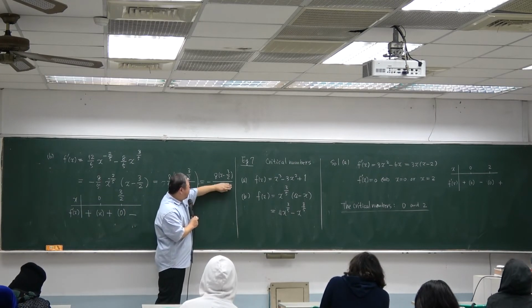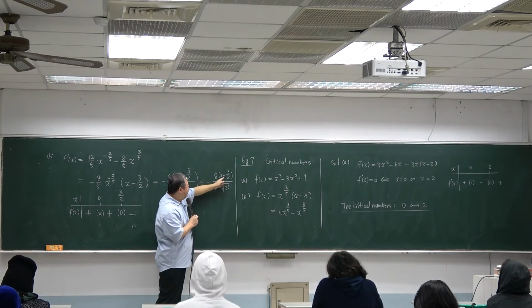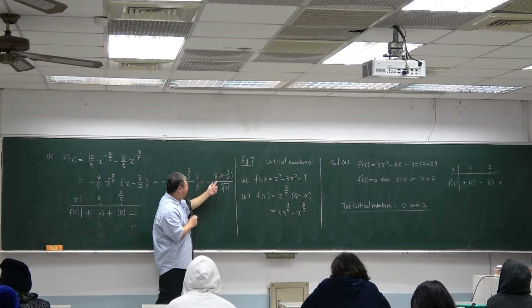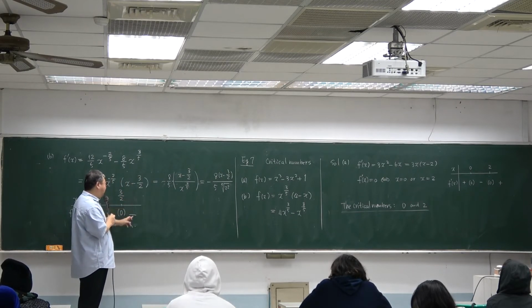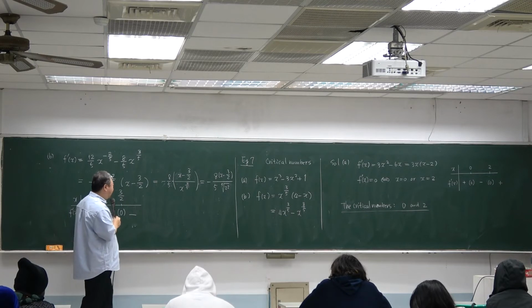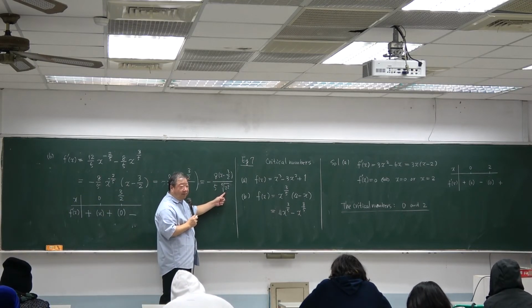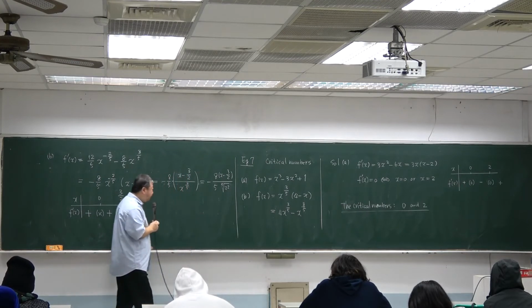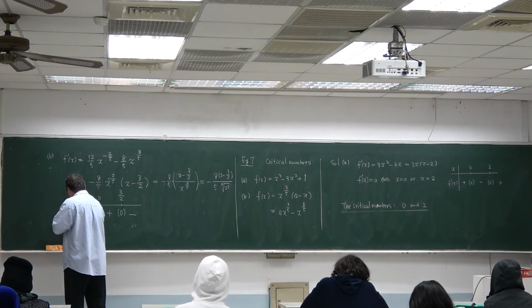This is always positive. So the sign is completely determined by this factor and this sign. If x is greater than 3/2, then it is minus. If it's less than this one, then positive, except at 0, because this number is always positive. According to this, we know the critical numbers of the function f.